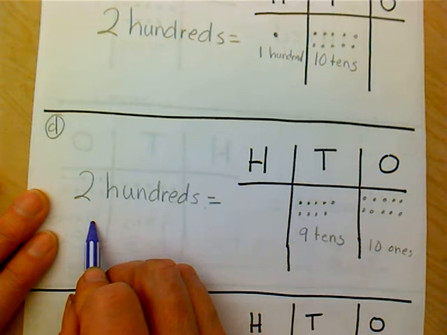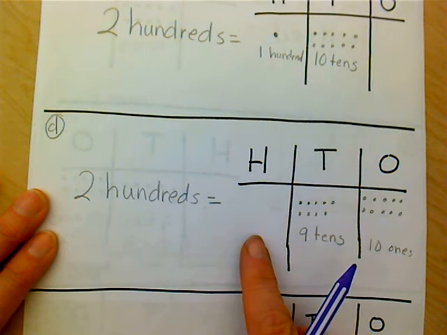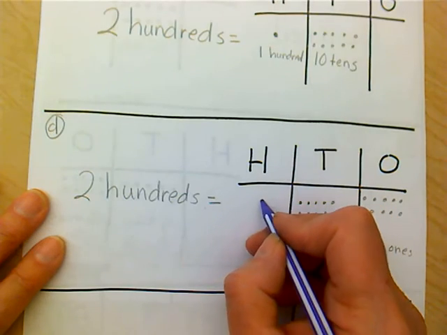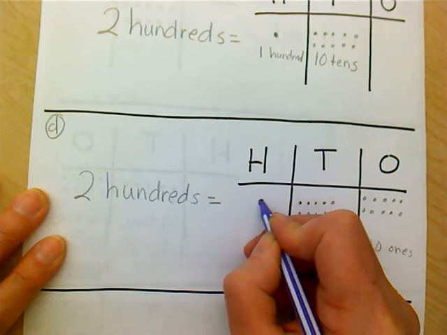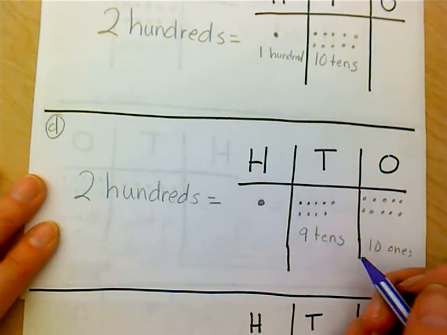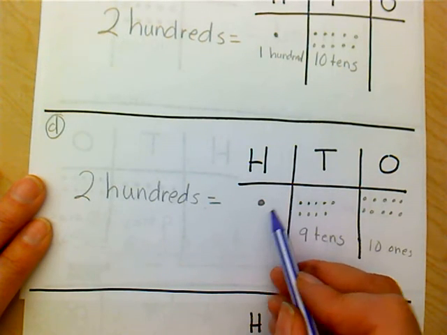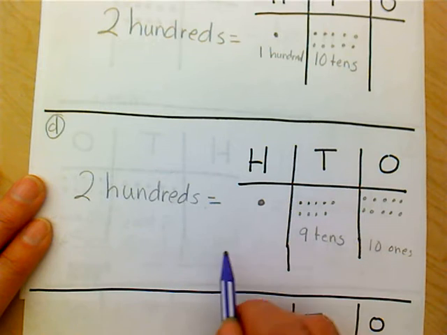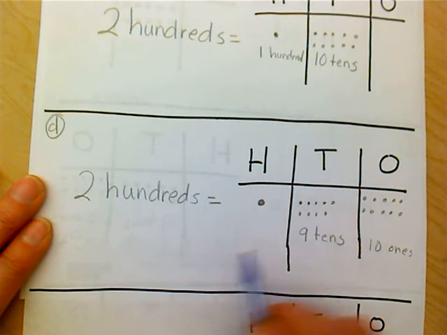200 is equal to, whoops, I forgot to put my 1 hundred in there. Shame on you, Miss Starr. So that is equal to 1 hundred. Wait a minute here.